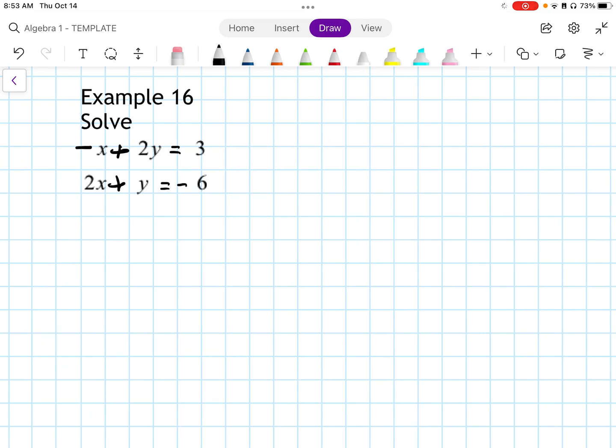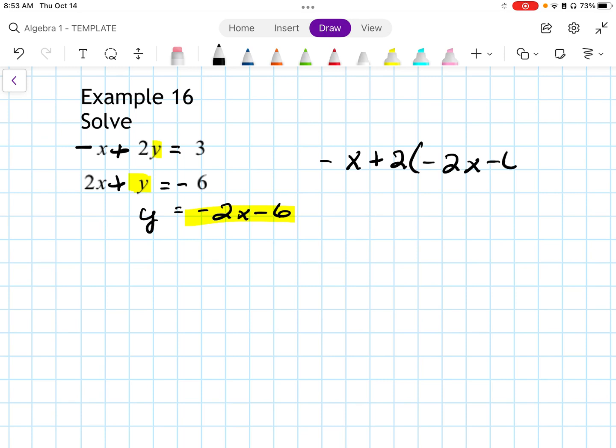Let's solve this by substitution. I'll get that y by itself, so I'll have y equals -2x minus 6. And then I'm going to take this and plug it into the other y, so I'd have -x plus 2 times -2x minus 6 equals 3.